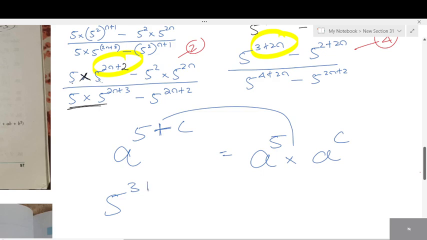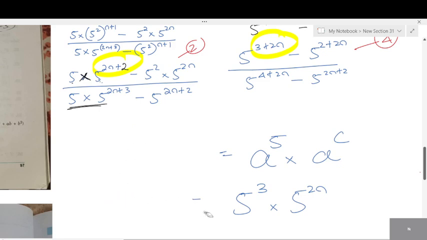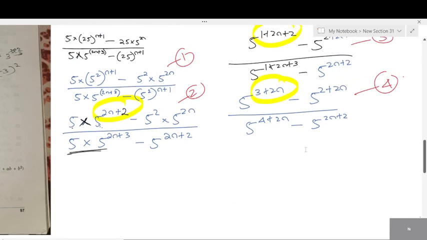Now what's the answer for this? 5 to the power of 3 into 5 to the power of 2n. Is this clear? All of you understood? Any doubts in this? Can you respond? Why is nobody responding?